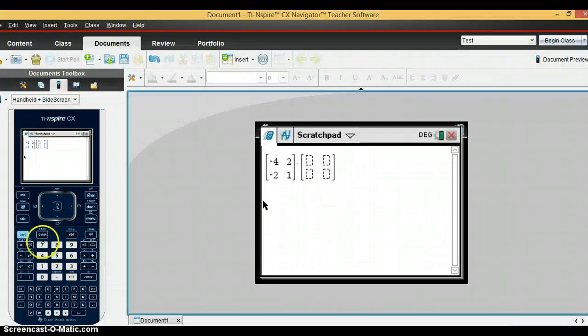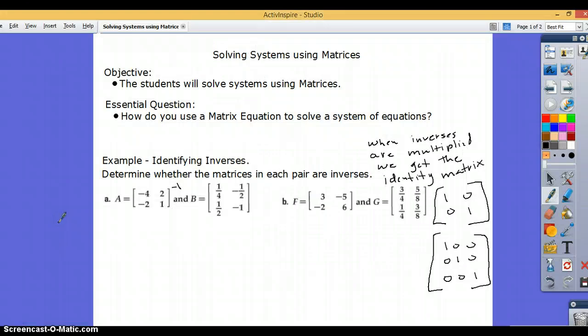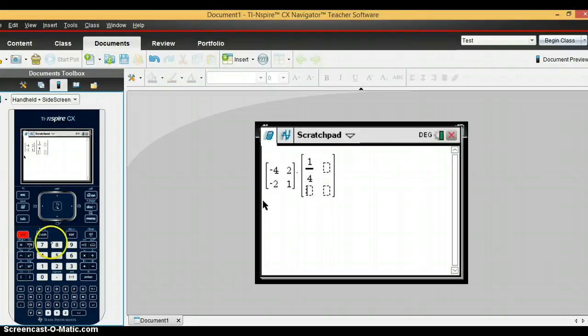And then we're going to have 1/4. So control divide, 1 divided by 4. Below that we have half. Then we have -half. And we have finally -1.